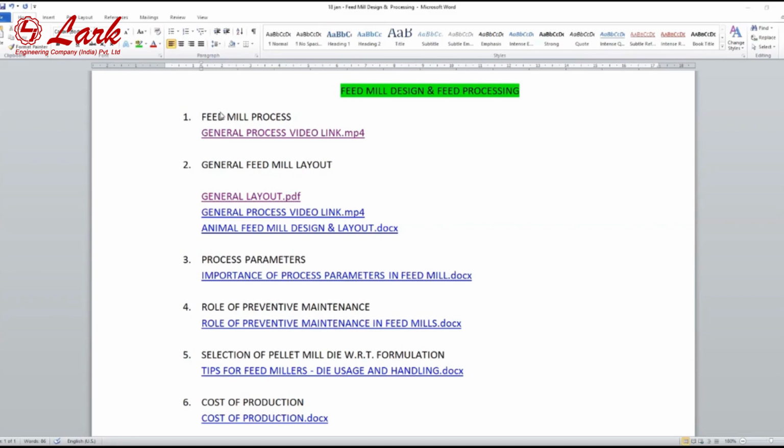But it is better if we compare the process parameters of the different machines, and the quality parameters, like from the hammer mill: the tip speed, the gap adjustment setting, the texture, the power consumption, the maintenance cost. Then we can compare all these machines and the process parameters of the feed mill.